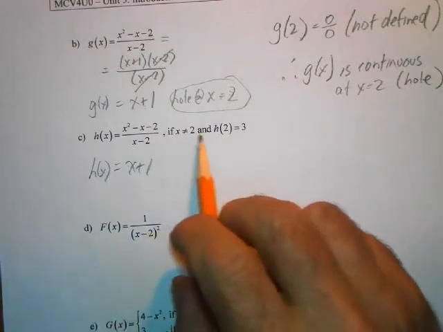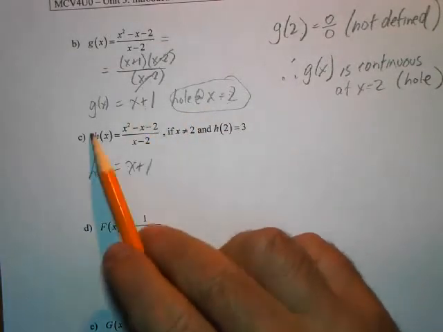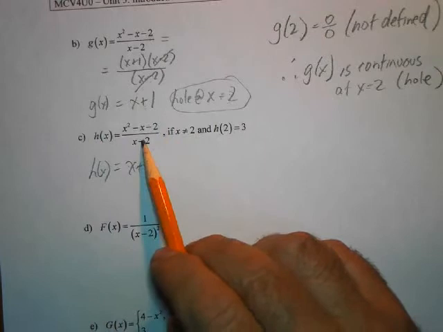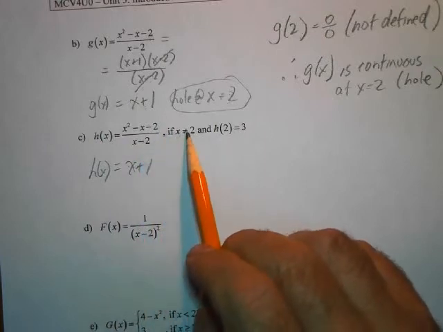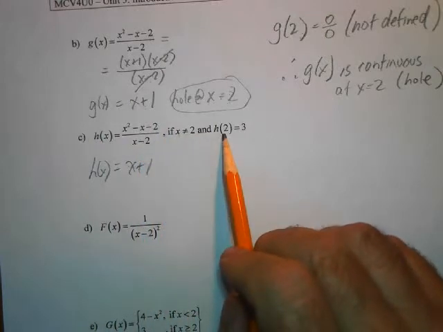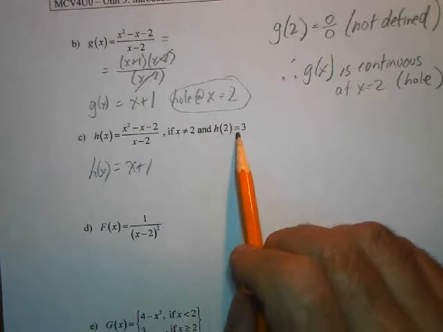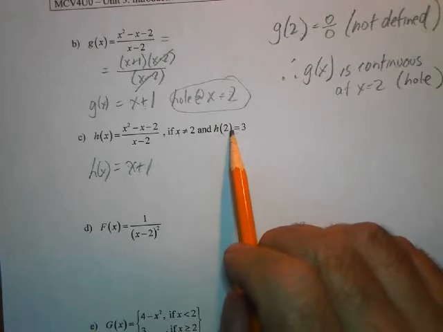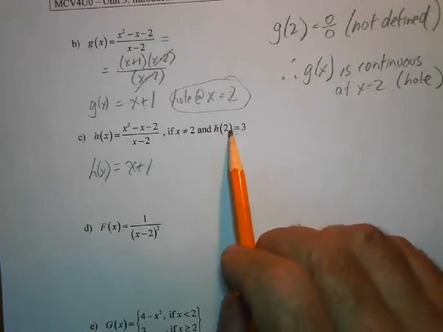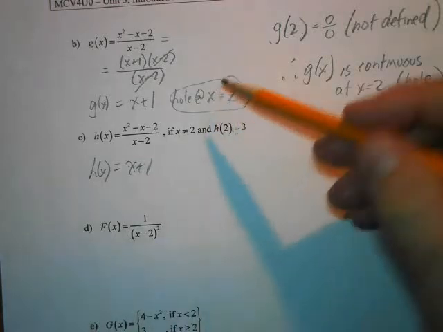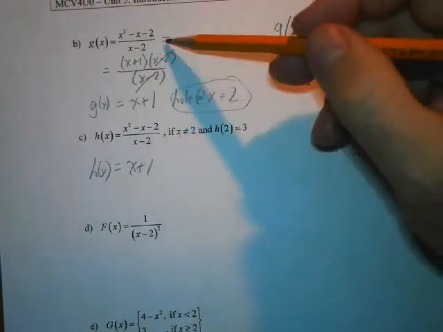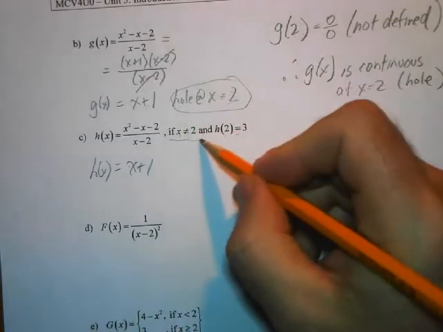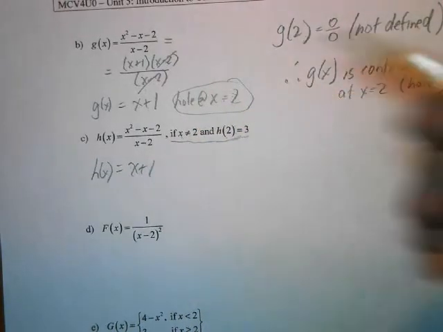Now, this is very important because it's saying the function h of x is this when x is not 2, but when x is 2, h of 2 is 3. So we're going to patch that hole by saying the value of the function at the hole is going to be 3. That's kind of an enhancement to this function. We just added this part to the end to patch the hole.